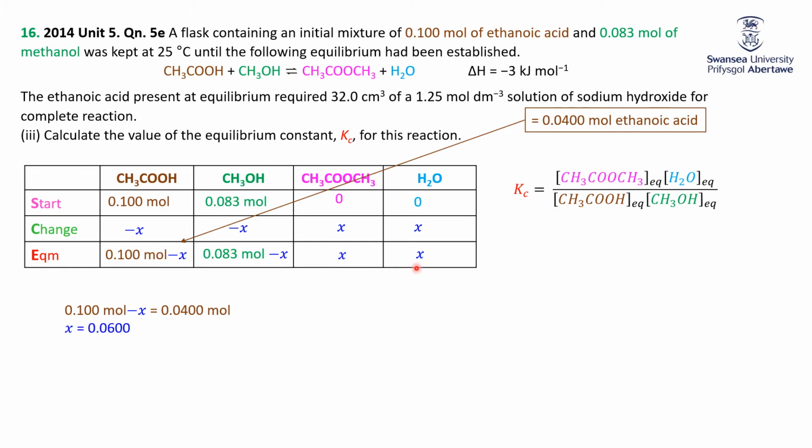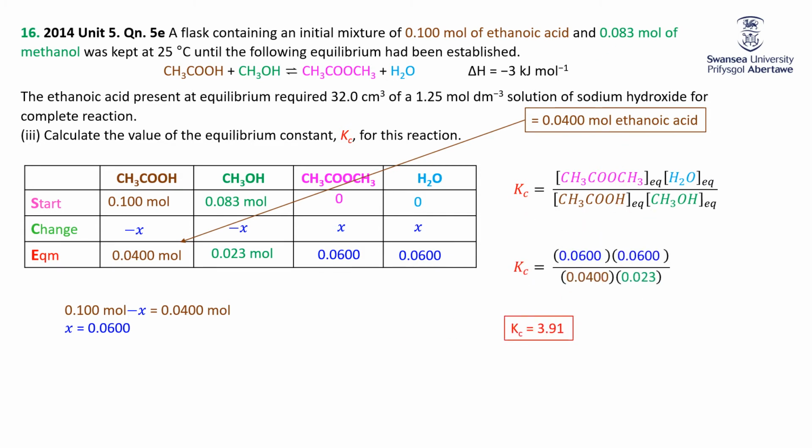So every time you see X put in 0.06, so the ethanoic acid becomes 0.04. The methanol becomes 0.083 minus 0.06, that's 0.023, and then X and X just become 0.06 and 0.06. Pop those values in the Kc expression, pop them in our calculator, and Kc is 3.91, and if you remember it is unitless because we have two concentrations on top and two concentrations on the bottom.